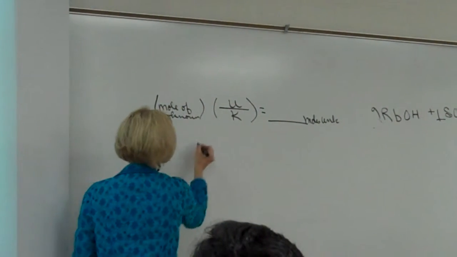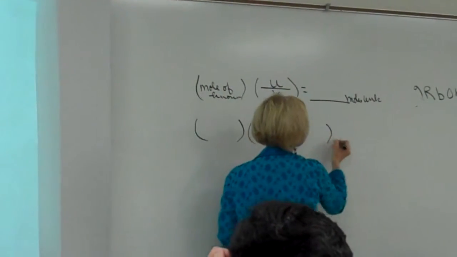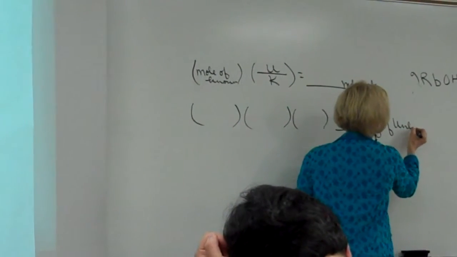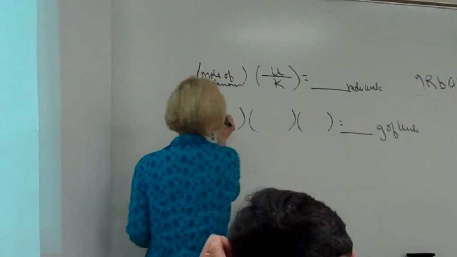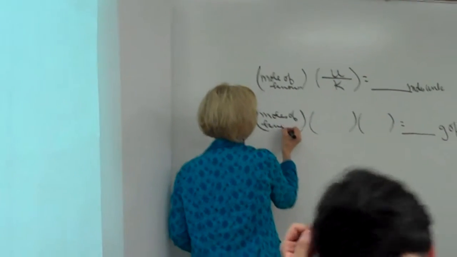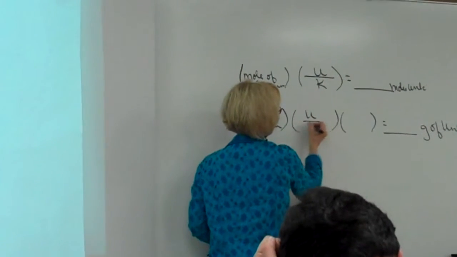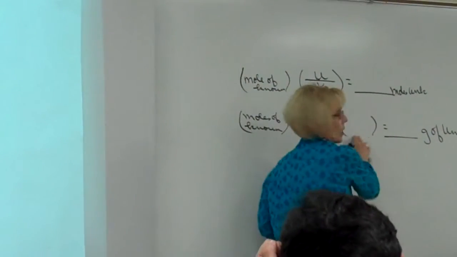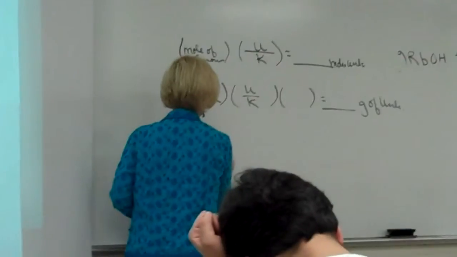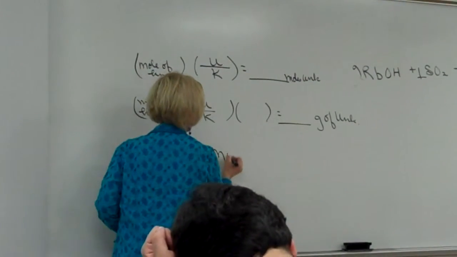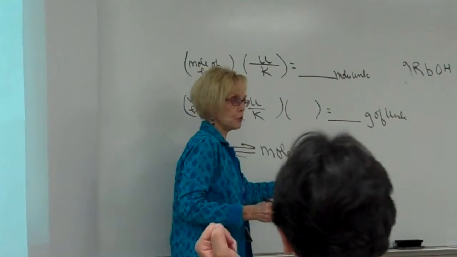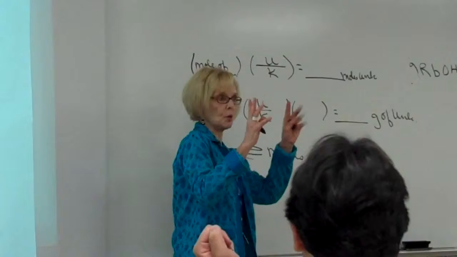But if for some reason we want grams of unknown, we start out the same. We have moles of known, mole ratio. Let's go back to chapter 2 stuff. We did this in chapter 2. Let's pretend we're talking compounds only.